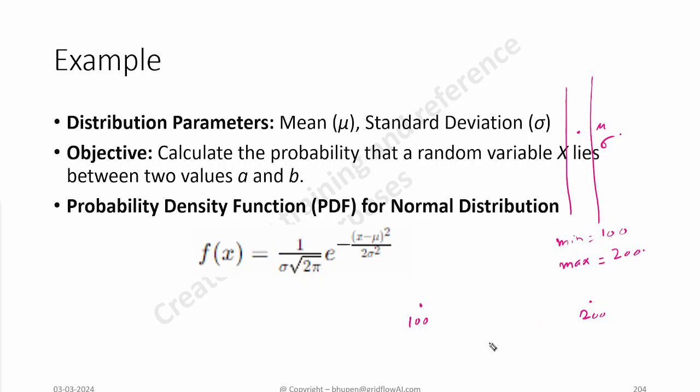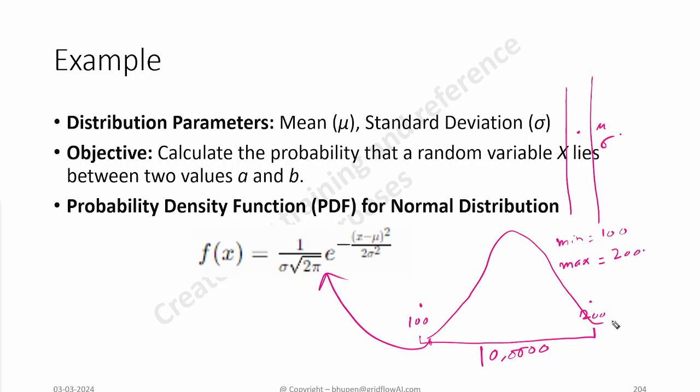And if we take, let's say, 10,000 points or 100,000 points in between, and for each point we apply this, we're going to get a curve like this. This is the meaning of this function, and that's what we call the probability density function or representation. So for each point, we are going to get a probability density value here.